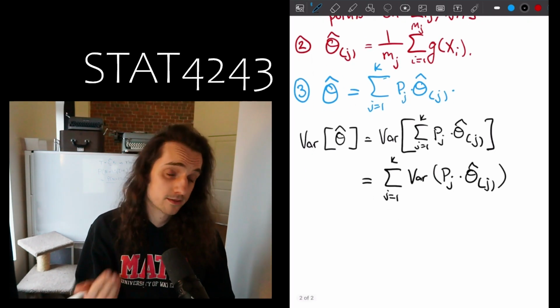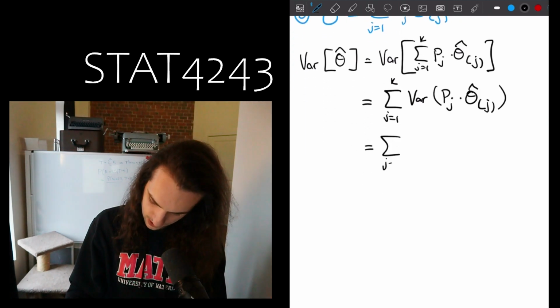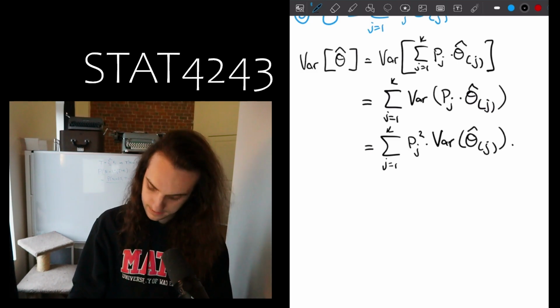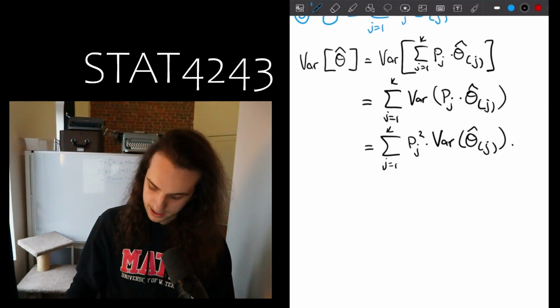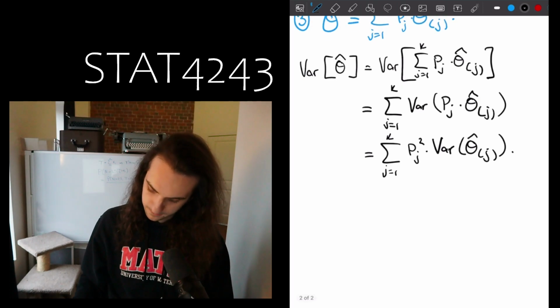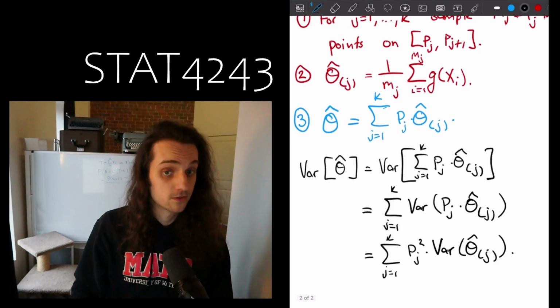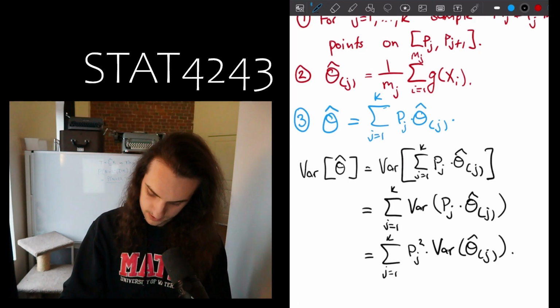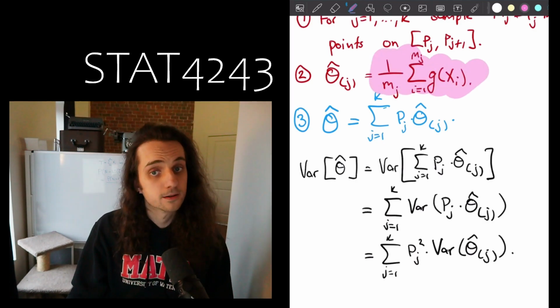pj is some constant, right? We could work out what that's going to be, and so what we're going to get is the sum from j equals 1 to k of pj squared times the variance of theta hat j, right? And so if we're actually thinking about what theta hat j is, well, theta hat j is going to be given by the standard estimator that we've been using for our Monte Carlo, except restricted to this interval right here, right?